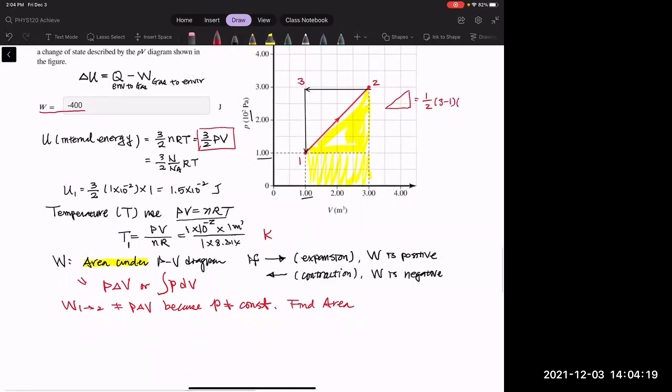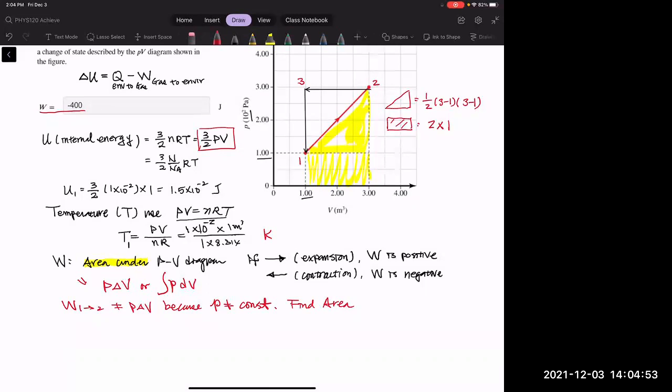And the height is going to be 3 minus 1. That's the triangle. Then you look at the rectangle. That will be easy. Just the width times the height. That is going to be 2 times the height, which is 1. And then you add them together.